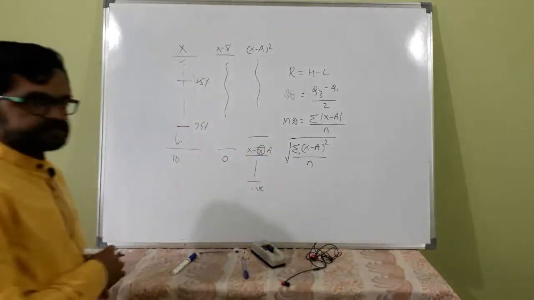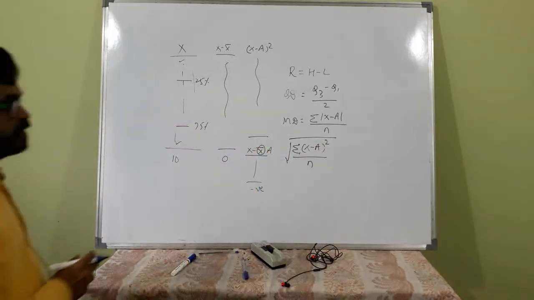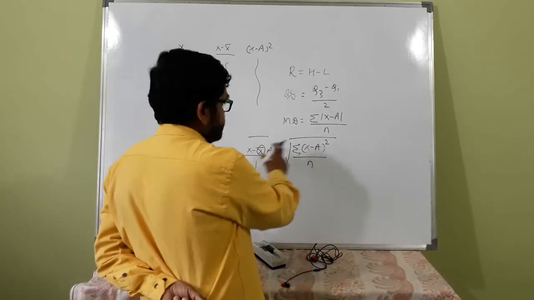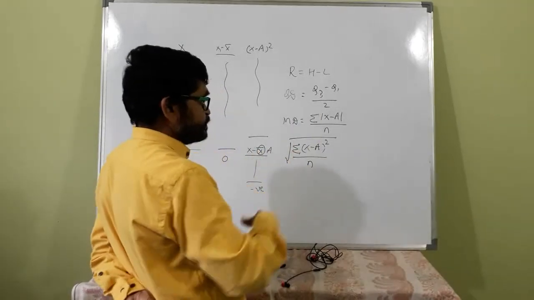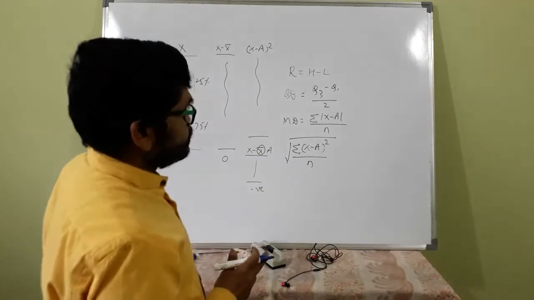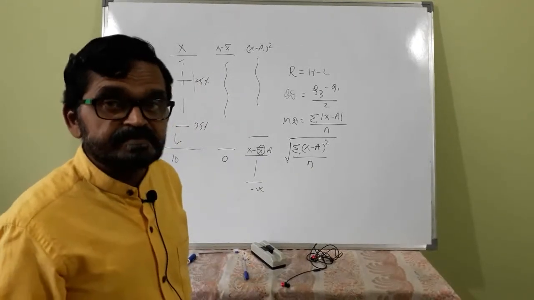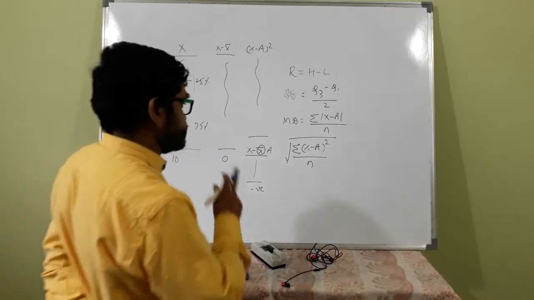Since we have taken the squared values, in order to reduce the effect of squaring, we take the square root. You got it. Suppose in place of a, we take x bar, because of another property of arithmetic mean. The sum of the squared deviations taken from the arithmetic mean is always minimum. That is another important property of arithmetic mean.